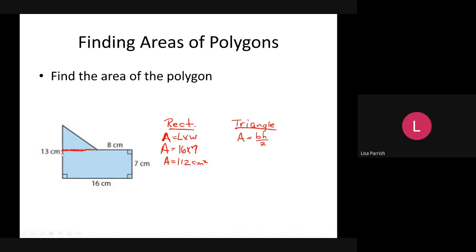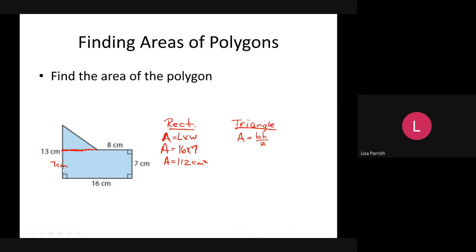Okay. So in order to figure out what this part is, I can look at this, and if I look across from it, that is 7 centimeters. So that would mean this side would be 7 centimeters. If this is 7, this part right here is the same. So that would be 7. So you think about it this way: the whole thing is 13 centimeters.